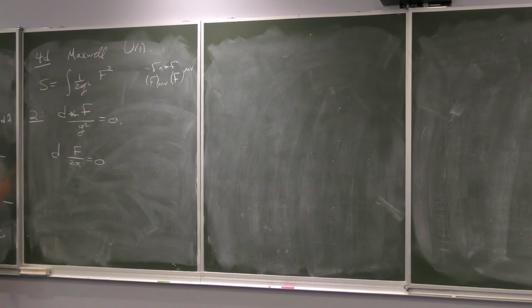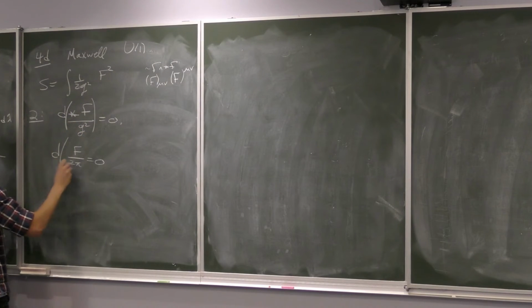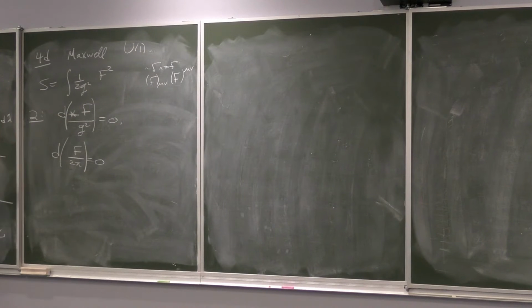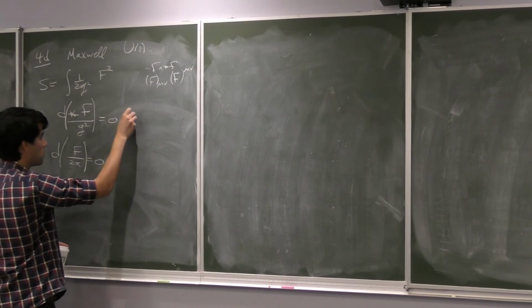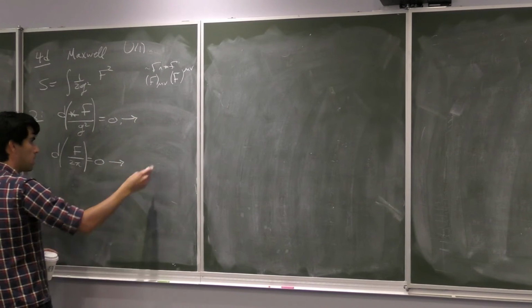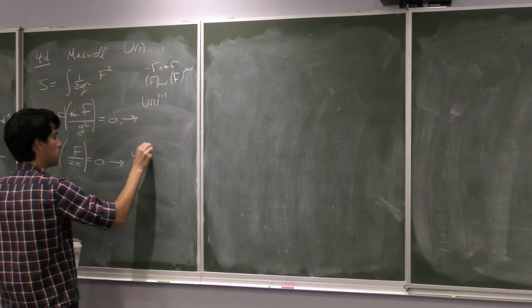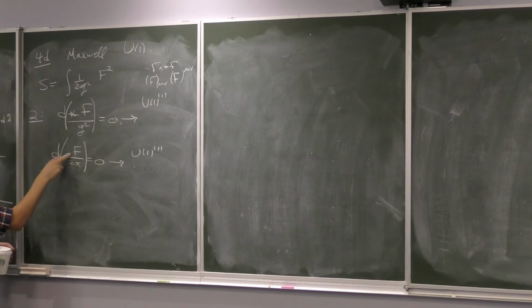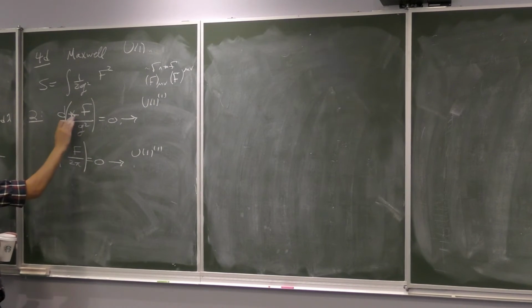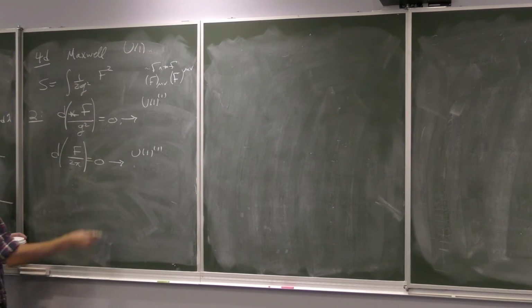Great. So I also wrote it in a way that's sort of suggestive. So these both actually look like conservation equations. And indeed, you can think of both of these as some sort of symmetry. Since F is a 2-form, and we're in 4 dimensions, star F is also a 2-form. So these are both some 2-form currents.